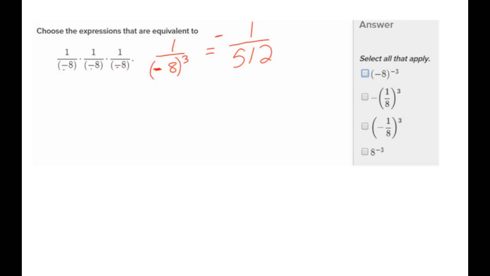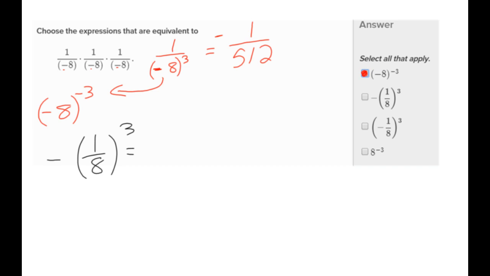Also, from this one, I can say that that's the same as negative 8 to the negative 3rd power. Negative 8 has to be there, and then the negative 3rd power. I just wrote down this method right here. The second one there, they have it written as negative 1/8 to the 3rd power.